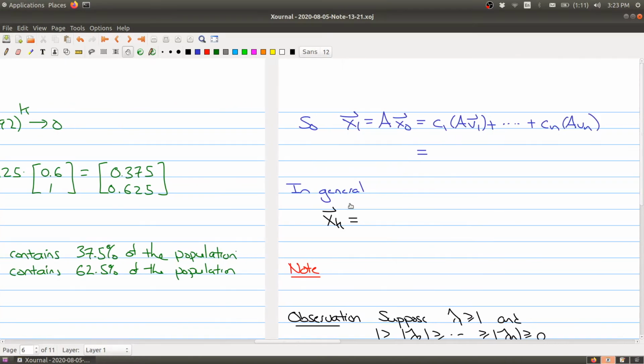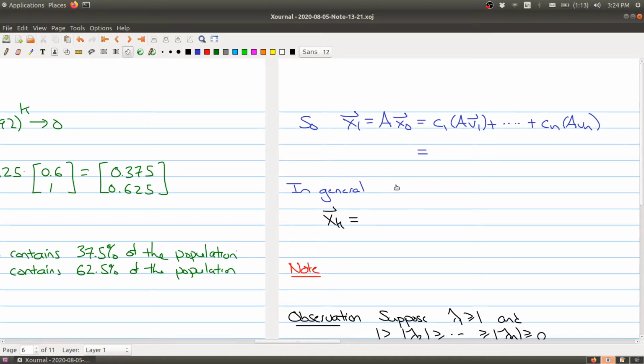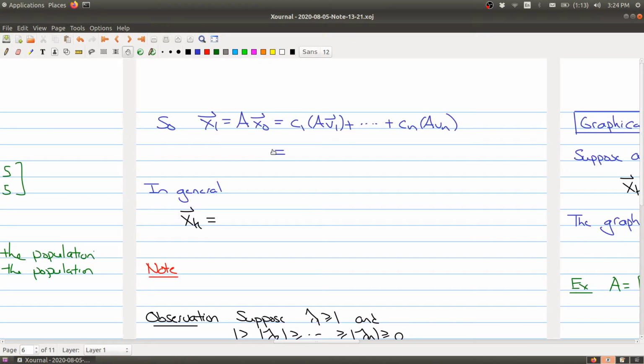Then we can figure out what happens when you take that vector x naught and multiply it by A. Using the same argument as before, you can multiply A in, and what you're going to get is c1 times A times v1. But remember, v1 is an eigenvector, so you get c1 times lambda 1 times v1, up to cn times lambda n times vn. That's what happens after one iteration.